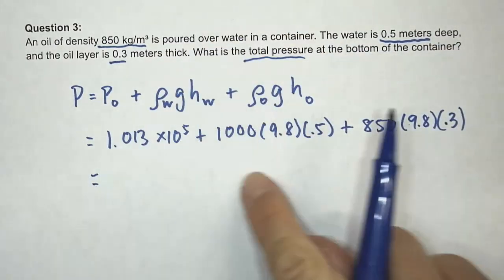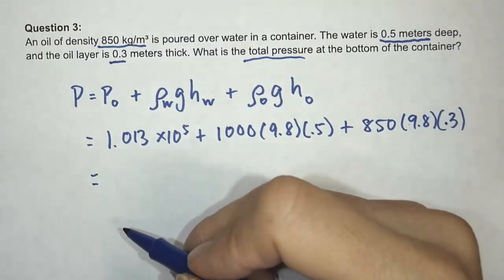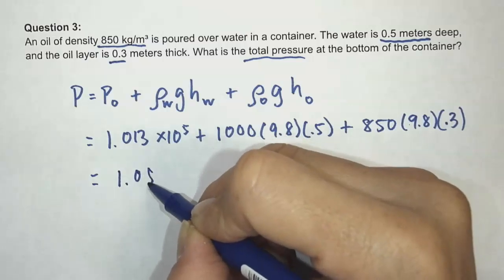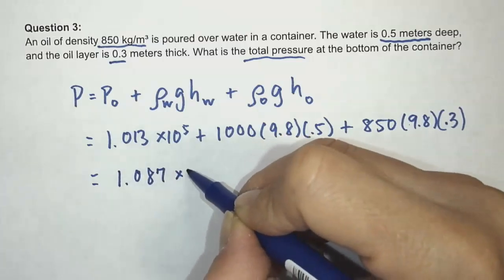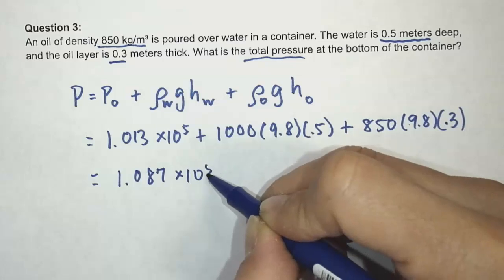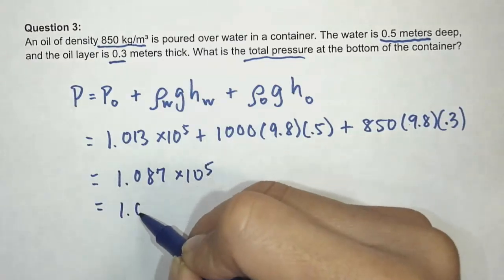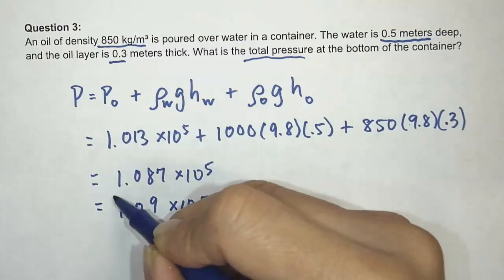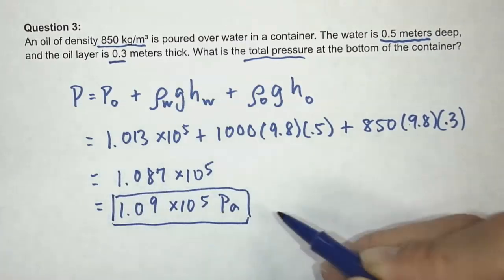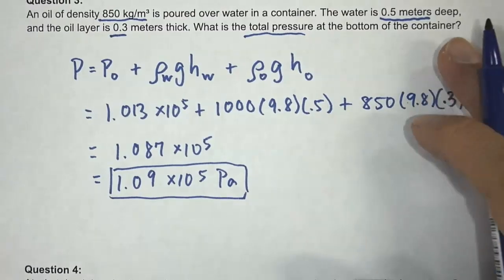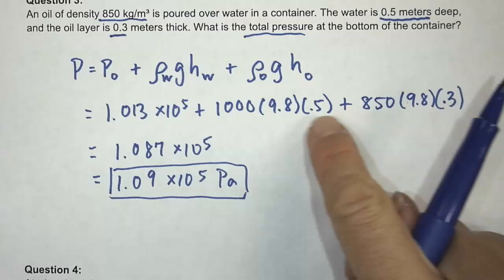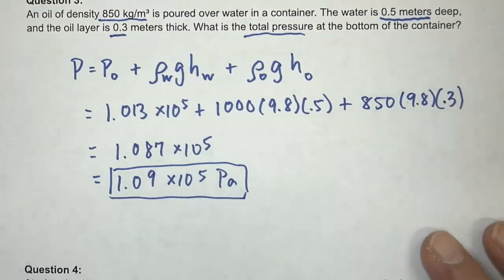All right, so if we combine all that, we get 1.087 times 10 to the 5th, and if we round it, we get 1.09 times 10 to the 5th pascals. So if we have more than one fluid, you calculate the pressure due to each of the fluids, and then we add them together.